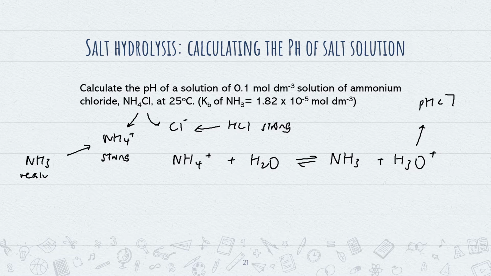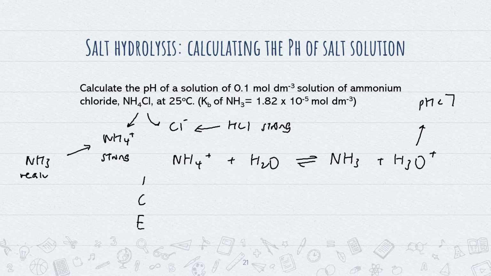But how exactly can we calculate the exact pH of this concentration of 0.1 mol dm^-3 of ammonium chloride? We can still use the ICE table that we learned in level 2 when finding the pH of a weak acid or a weak base.